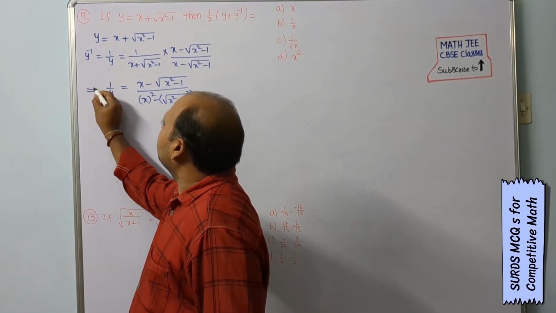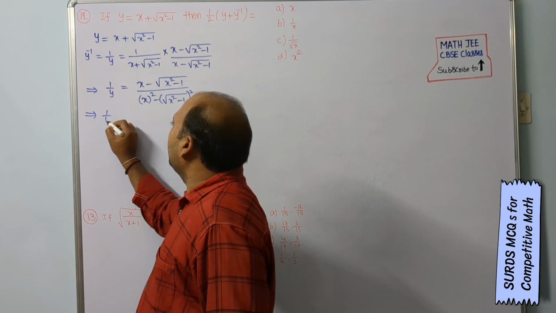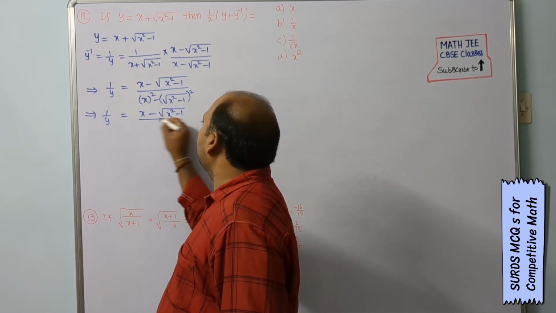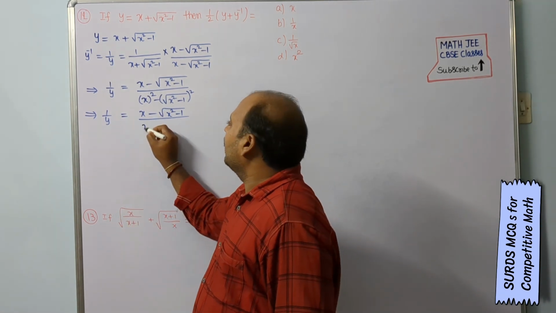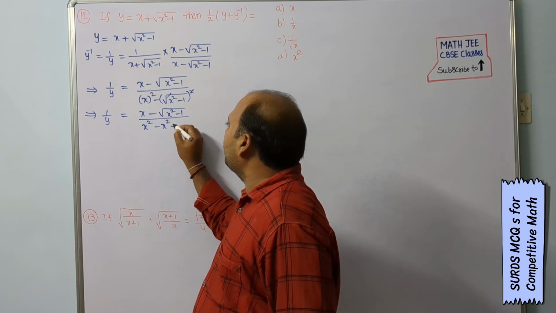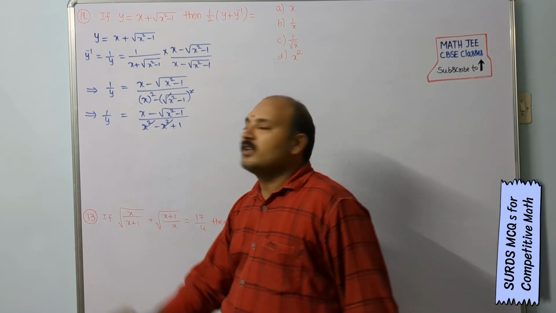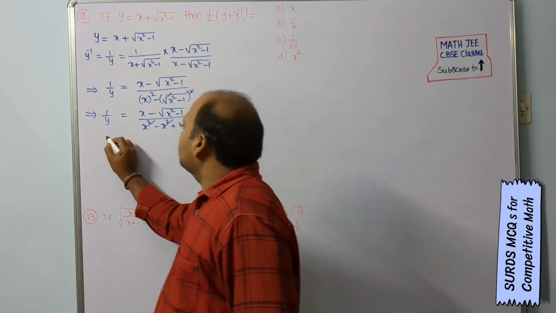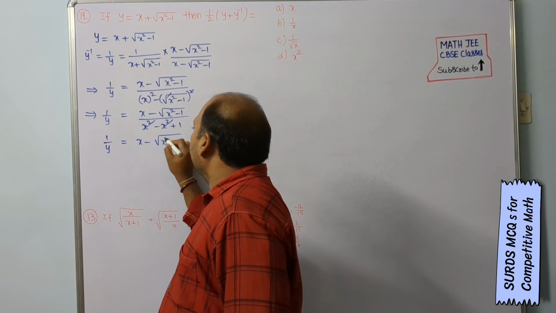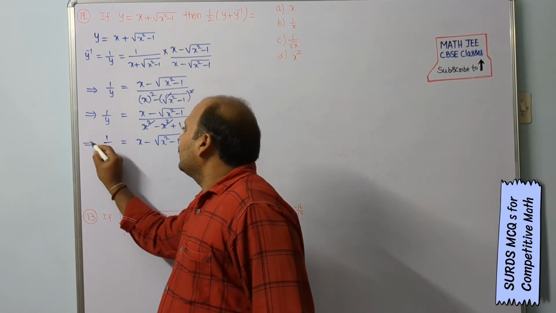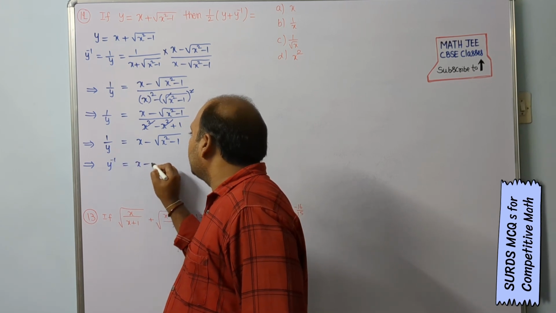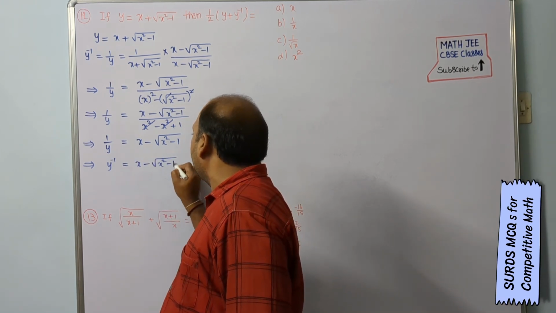So that implies that 1 by y is equal to x minus root over x square minus 1 divided by x square minus root square cancel, minus x square, minus into minus plus. These two will be cancelled. So 1 by y is equal to x minus root of x square minus 1. That implies that 1 by y means what? Y power minus 1, which is equal to x minus root of x square minus 1.